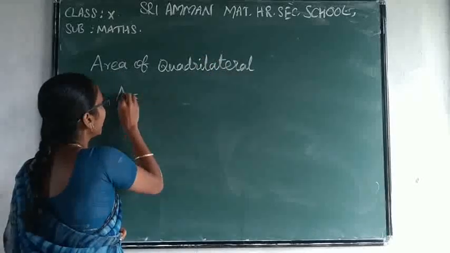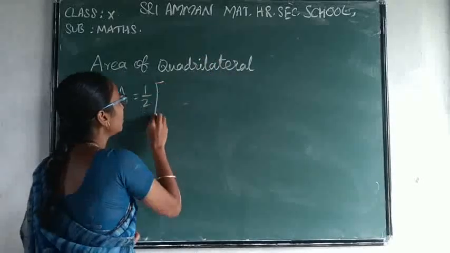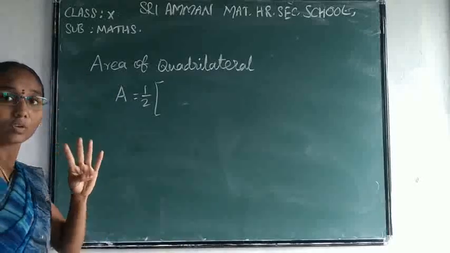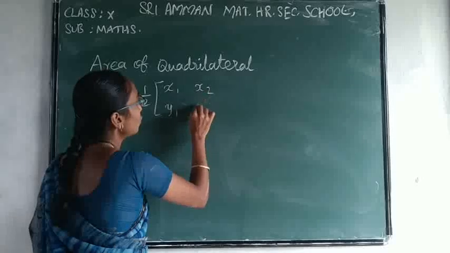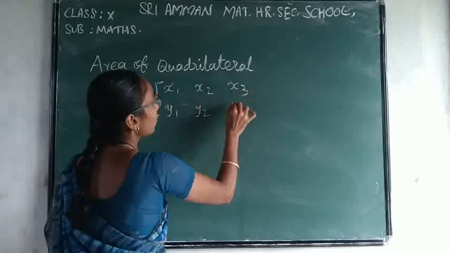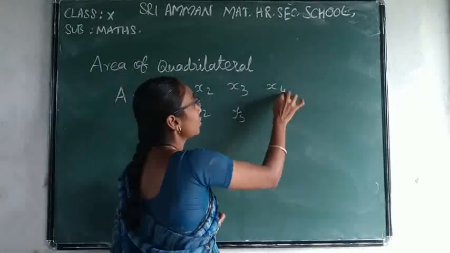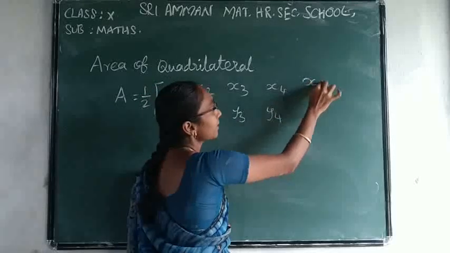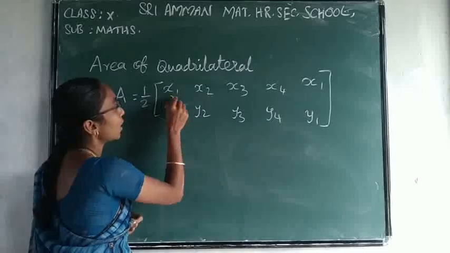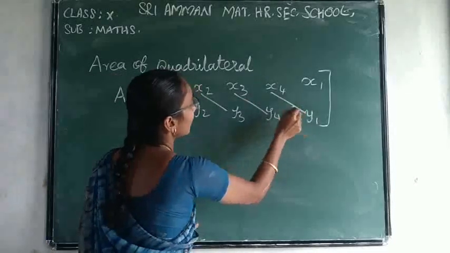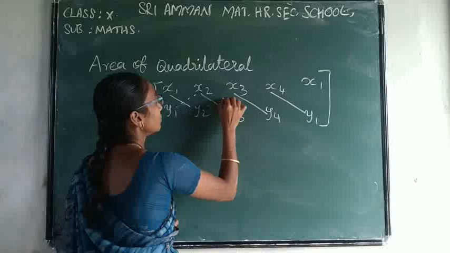Area of quadrilateral A equal to half into, a quadrilateral has 4 sides, so 4 coordinates: x1 y1, x2 y2, x3 y3 and then x4 y4 and again x1 y1. First down arrow and then next up arrow.